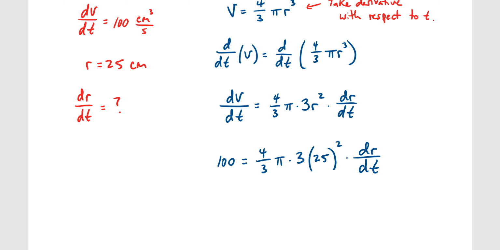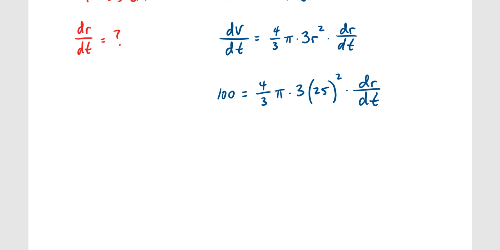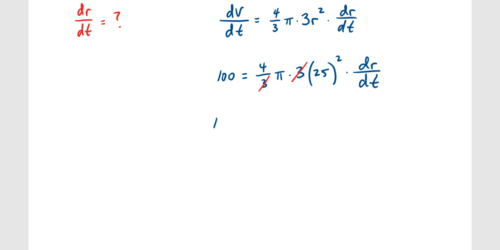Now all we have to do is a little algebra and solve this for dr/dt. What I'm also going to do is cancel these 3's, right? 3 divided by 3 is 1, so they cancel off. And we get 100 equals 25 squared times 4, which is 2,500. The pi is coming along for the ride for now. And that's all times dr/dt.